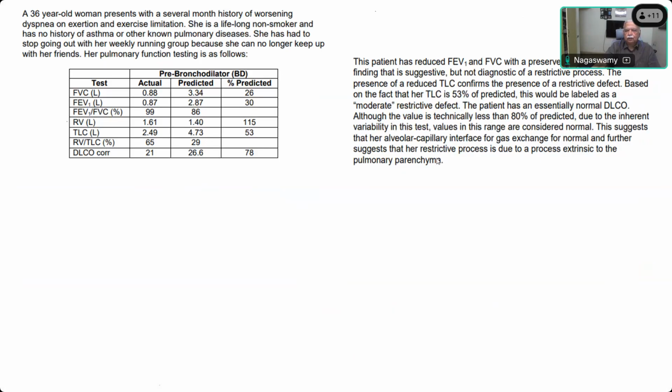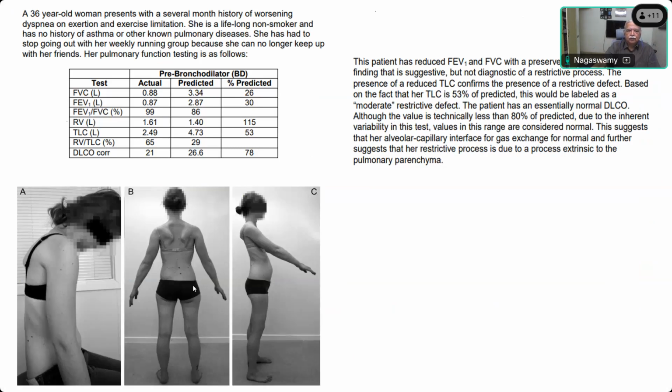So what is the cause for the restrictive process? It is something extrinsic to the pulmonary parenchyma because DLCO is normal. The patient's body contour is looking like this. Any idea what the diagnosis is?